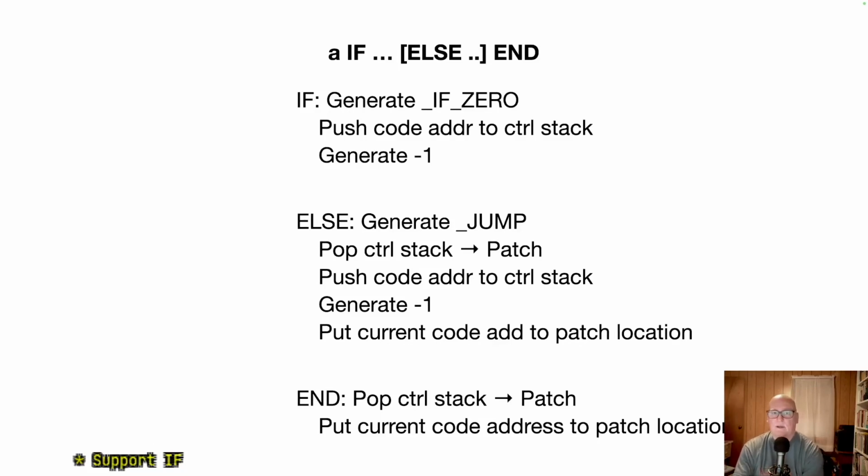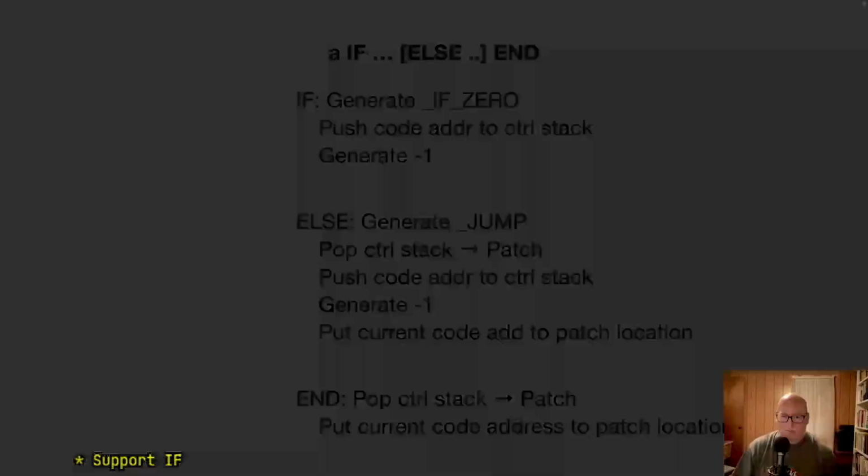Generate the jump, save the current stack, and then put the -1 there for temporary. And then we'll just go ahead and generate all the else code. Put the current code address to the patch location. Yeah, again, that should be address.